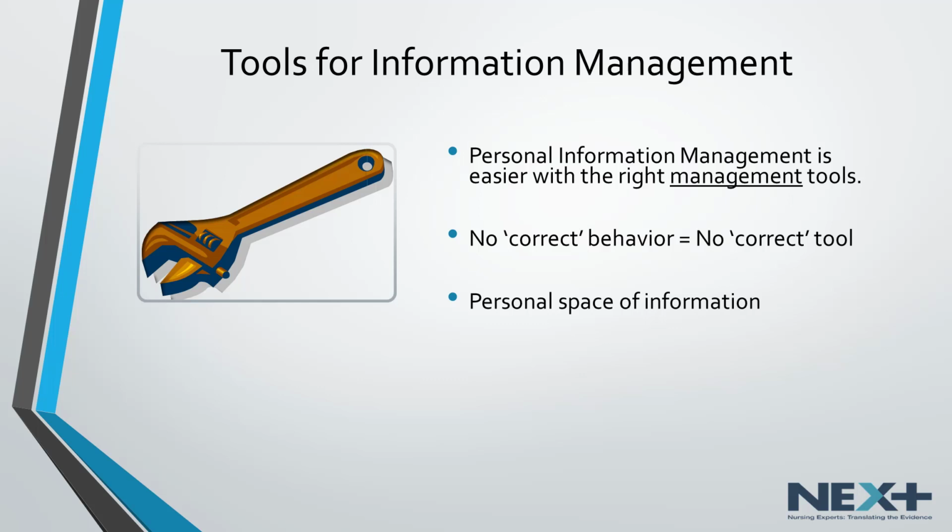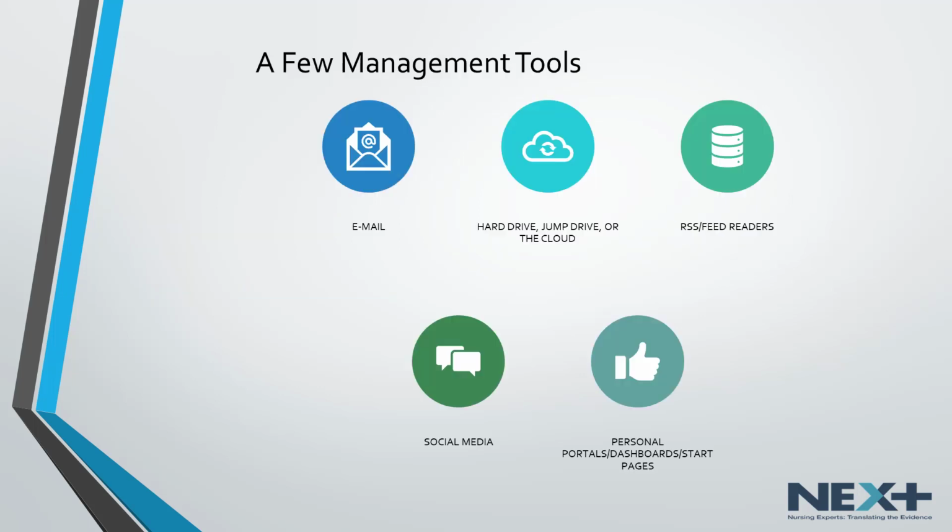Most of these tools are about creating your personal space of information, the one place that you go to retrieve your information. You can use one tool or several, but the more tools that you use, the more complicated information retrieval becomes. Realistically, most of us will use 2 to 5 tools regularly.